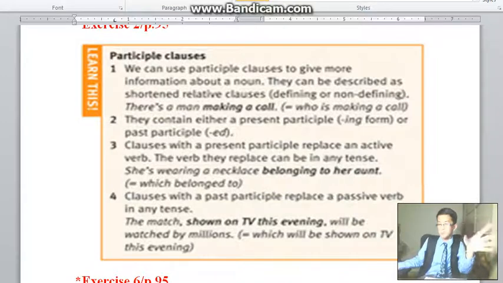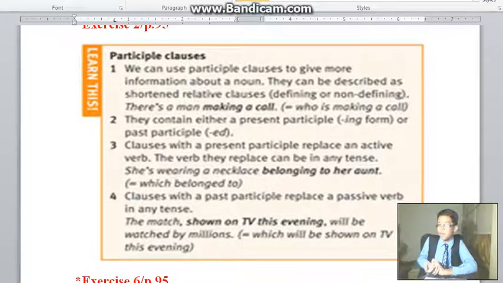So first, the first use of the participle clause is to give more information about a noun. So information about a noun in the sentence was given in the example. It is a man. A man is a noun. So to give more information about the noun, we can also use participle clauses, but can be described as shortened relative clauses.